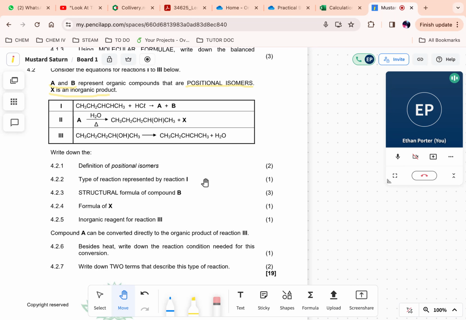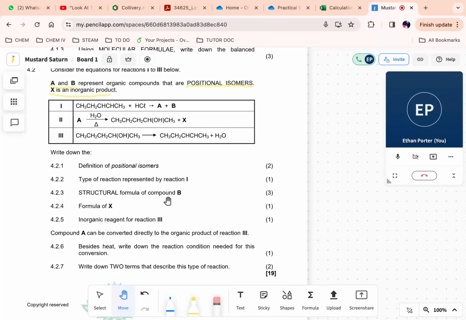Unfortunately, you just have to memorize that and be able to recognize when you're adding something to this compound. It's hard to see, but there is a double bond here. This is an unsaturated molecule. So HCl can attack that double bond and add hydrogen on one side and Cl on the other side. So it's definitely an addition reaction.